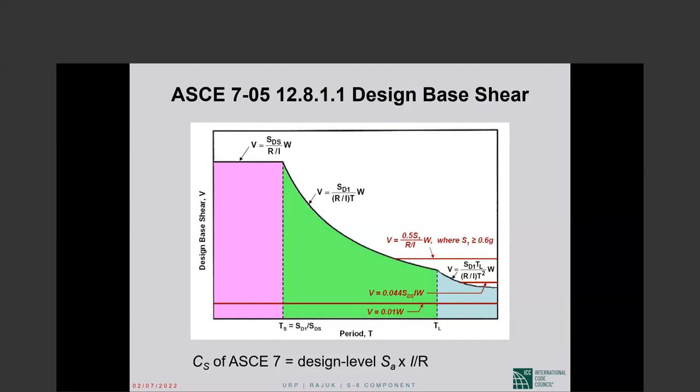The 0.44 S sub DS I times W is applicable in all seismic design categories.